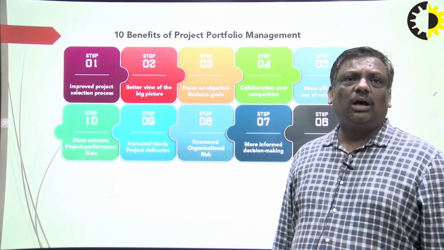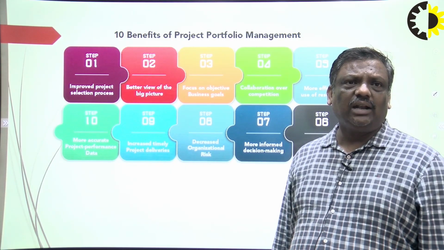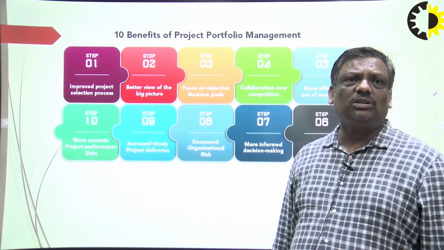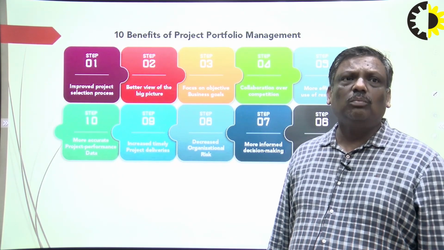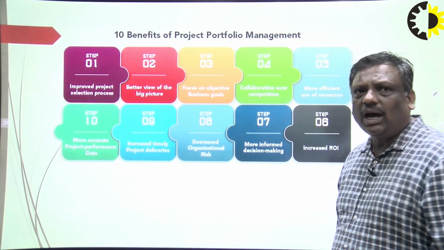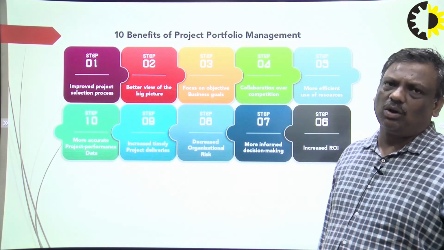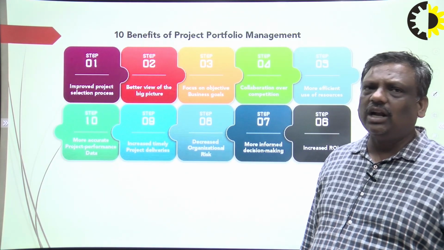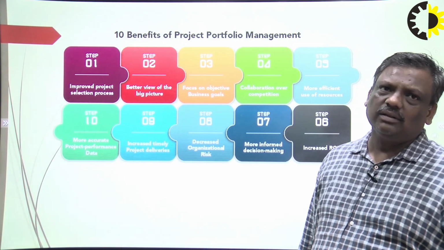So how can a manager take a decision? That decision is based on information only. So the more informed decision making process is under the PPM. And the last one is increased ROI. ROI, that means return on investment.